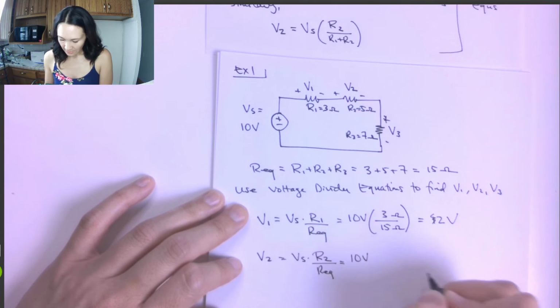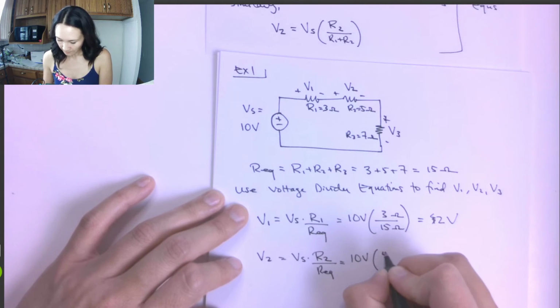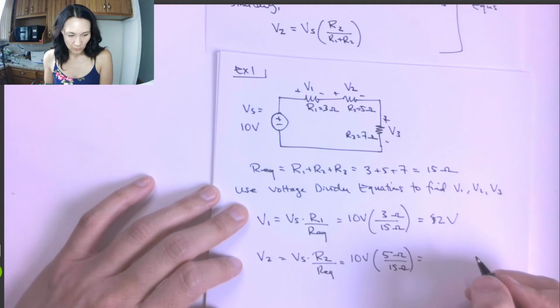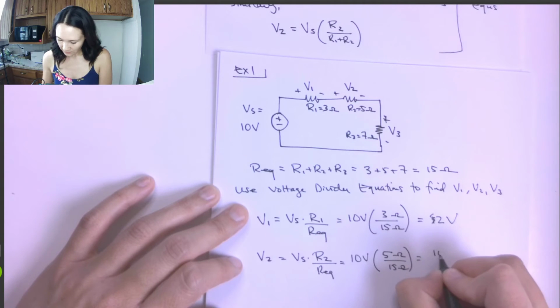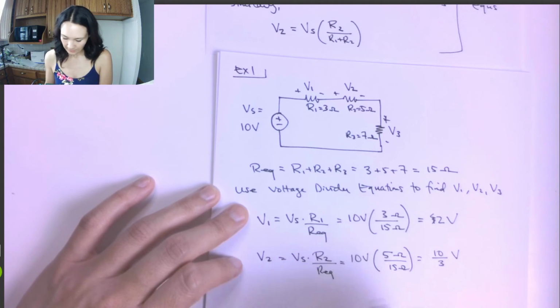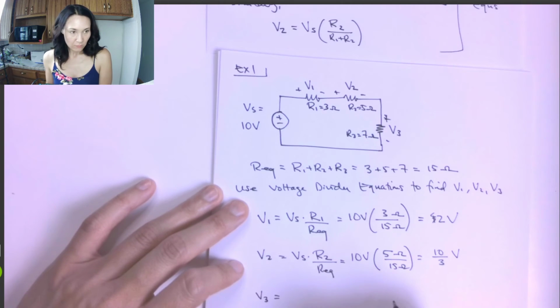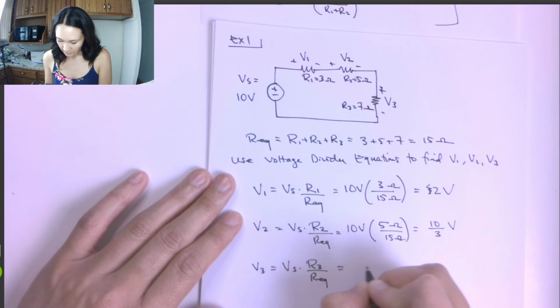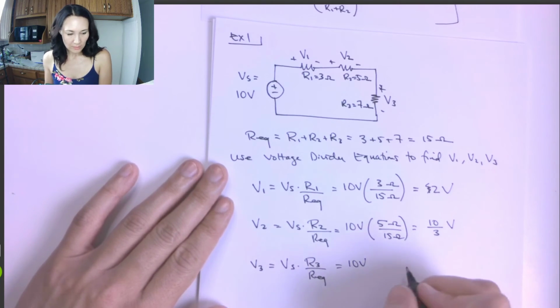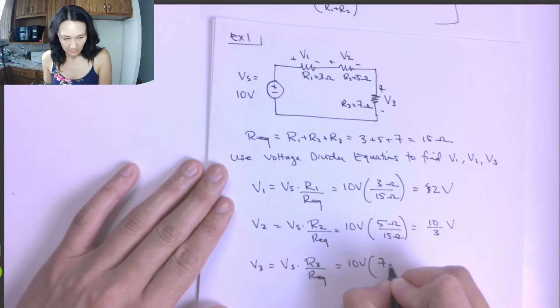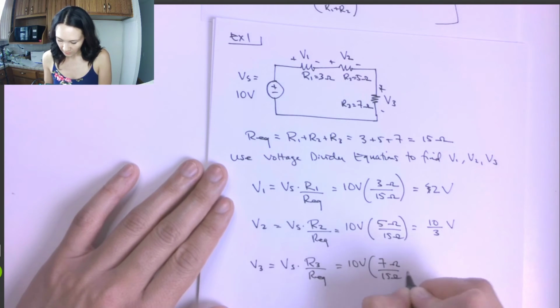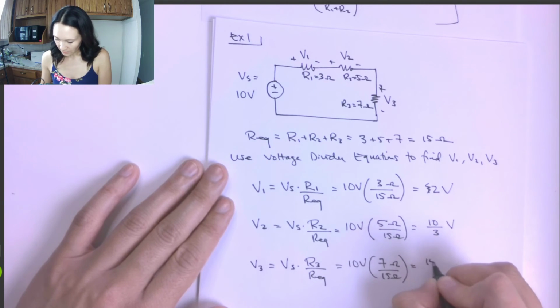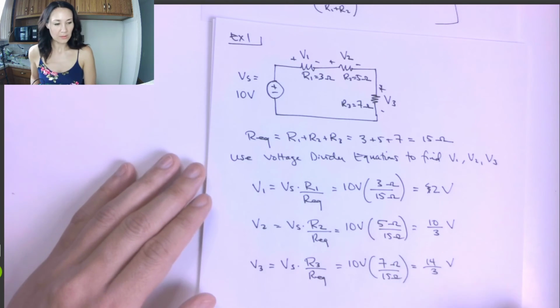So in our example here, that's 10 volts times 5 ohms over 15 ohms. The ohms cancel, and we get 5 over 15 times 10, which gives us 10 over 3 volts. And then finally, V3 is Vs times, this time, R3 over R equivalent. For our example, that's 10 volts times 7 ohms over 15 ohms, which gives us 14 over 3 volts.